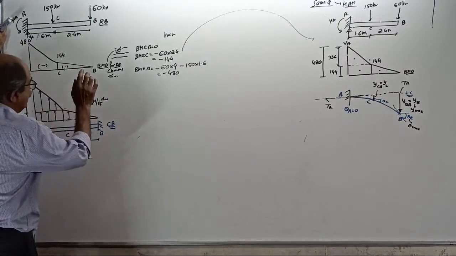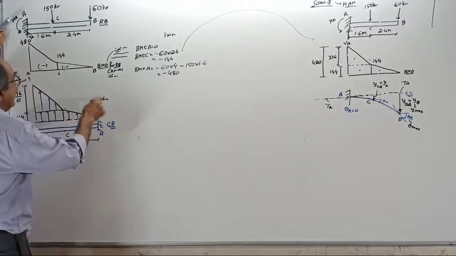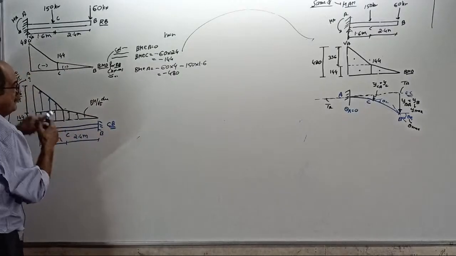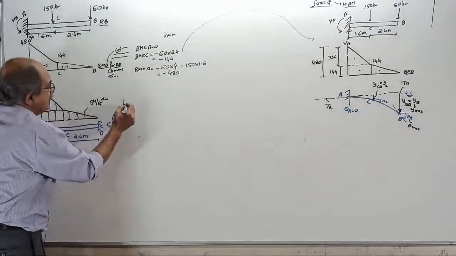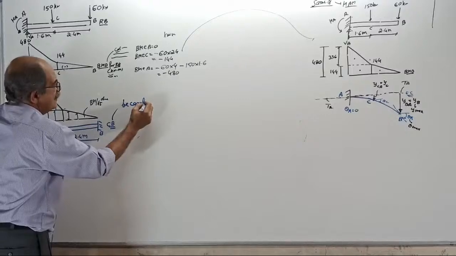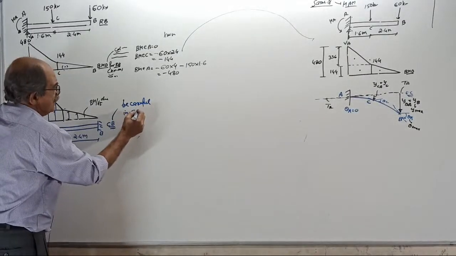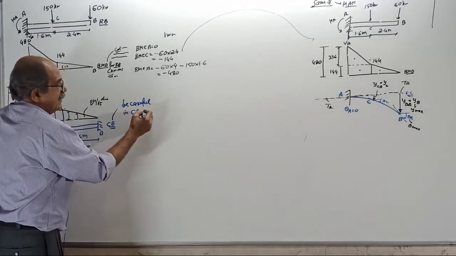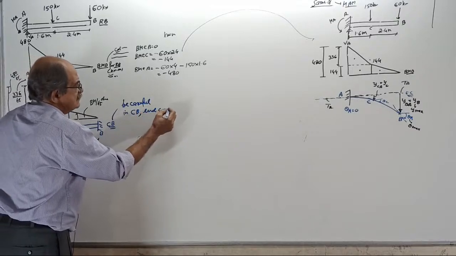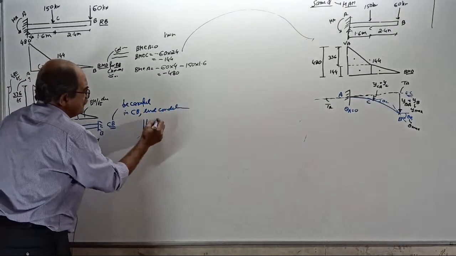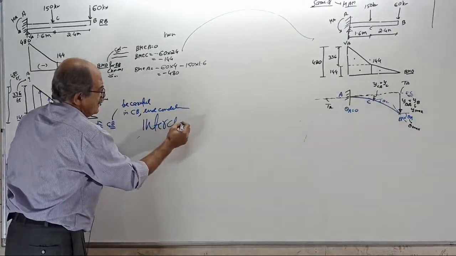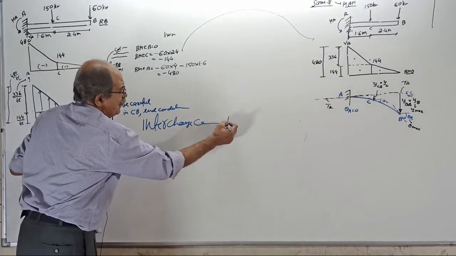Now very important: this is the BM by EI diagram, below it the conjugate beam. Be careful right here. In the conjugate beam, the end conditions interchange compared to the real beam.